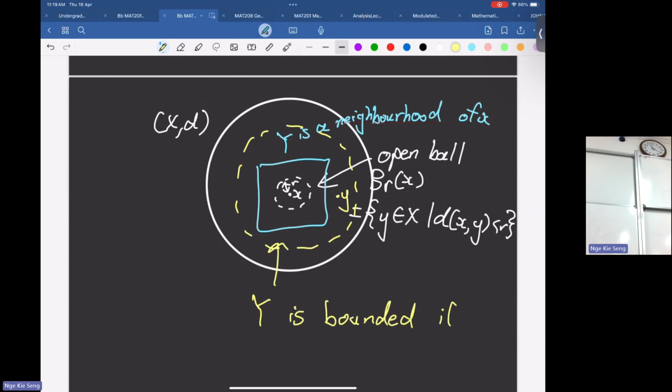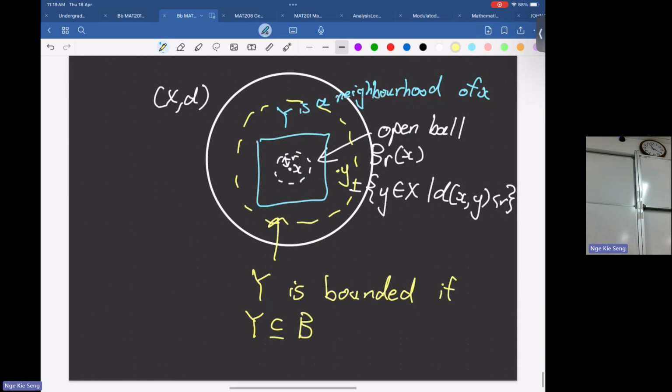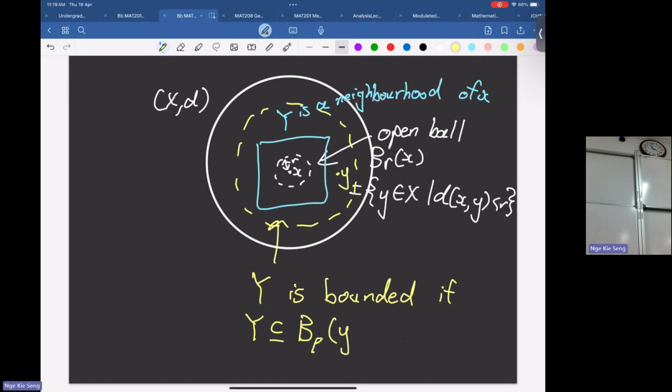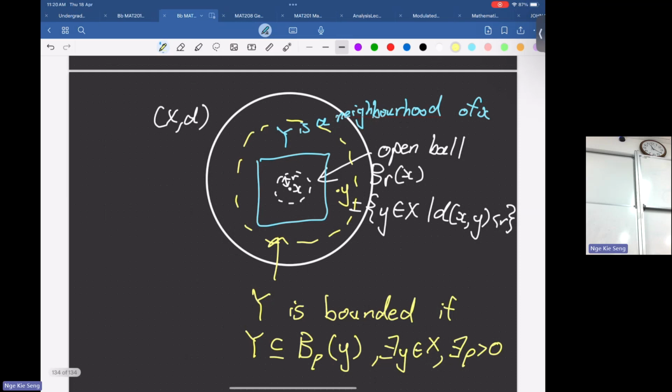So it's bounded if Y is in the ball of, let's say, radius rho around some point, for some point in X and for some rho. Does it make sense? If a set is bounded, you can find some open ball to bound it.